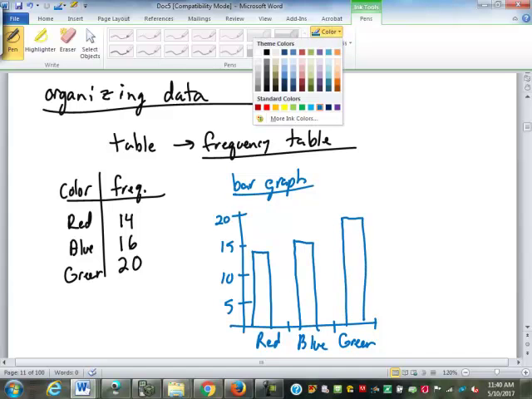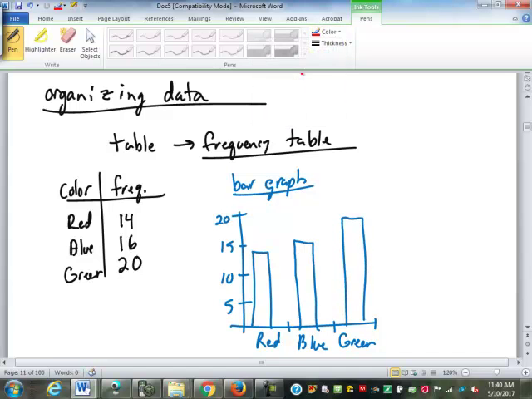We discussed the strengths of these, how if we want an exact number, you're best to go to the table. Because even here with the green, is that 20 or 19 or 21? It's not easy to tell for sure exactly what value it is. The table, we can look at there and we say, yeah, green is exactly 20.